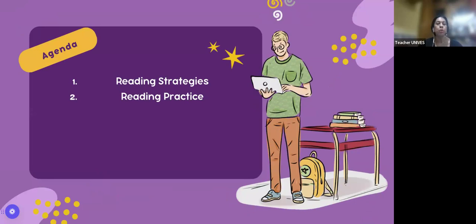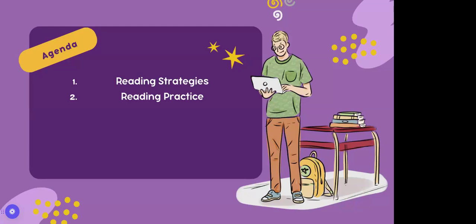And then you're going to do a reading practice in which you will integrate all of the strategies that we have seen regarding reading. As always, I'm going to show you some tips and a few exercises to practice those specific skills. And at the end, 30 questions integrating the whole reading strategies. Okay. So let's get started.